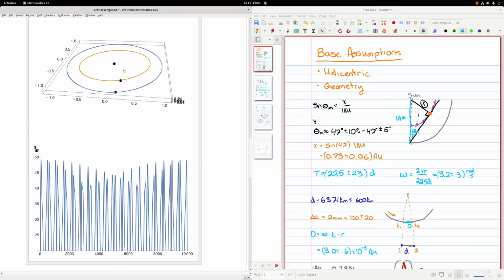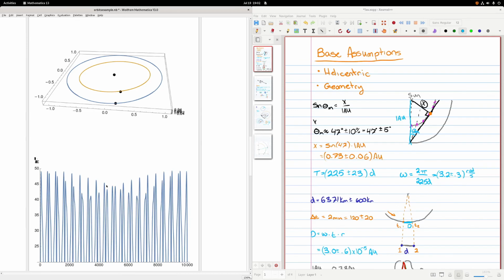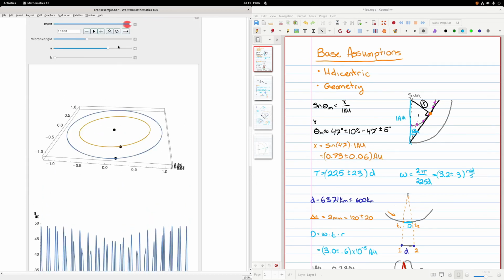This does require that Earth is a fully circular orbit if you wanted to fit it to this data. However, you don't need to assume Earth is also circular. You would just have to have another parameter in your model to fit to. So, for instance, though, Earth is very close.